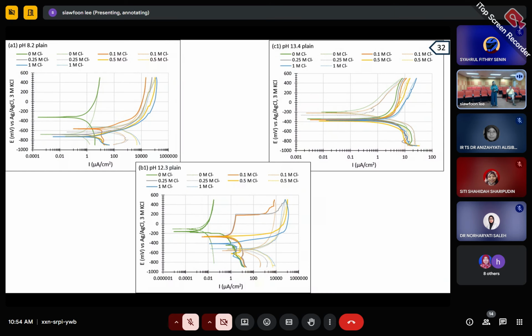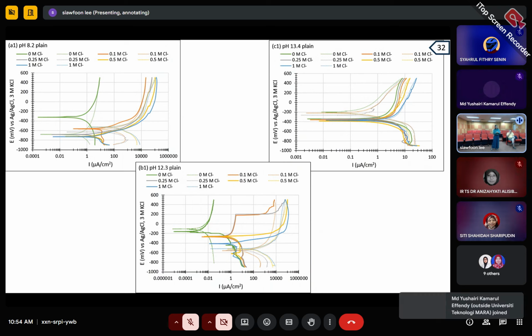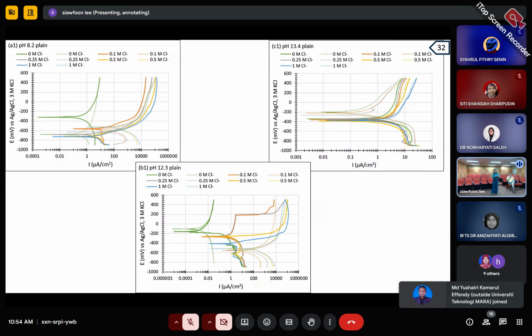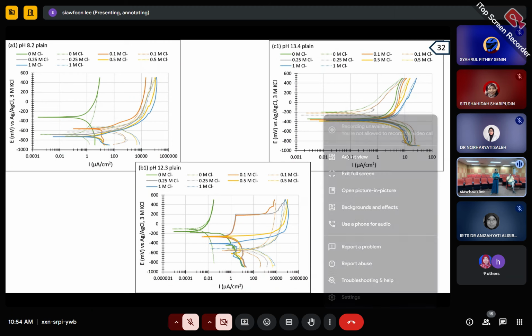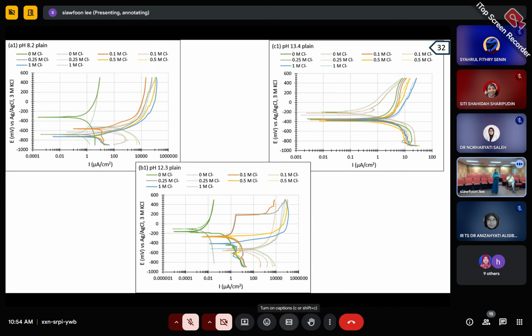Then at pH 13.4, I apply the technique, going from negative to positive and coming back, and this is the kind of curve that I obtain. However, when I apply it at pH 13.3, and at some concentrations like 0.1 molar chloride ion, I actually get this line which just stays still.